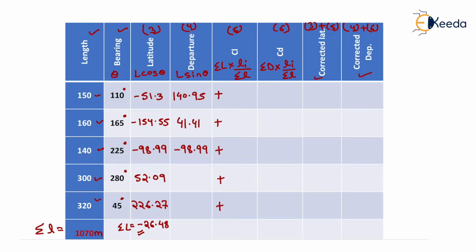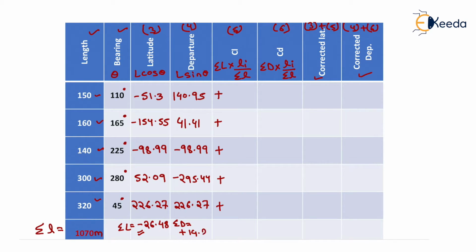Similarly 300 sin 280 equals minus 295.44. Similarly 320 sin 45 equals 226.27. Now after adding all these values algebraically, we get summation D equals plus 14.2.